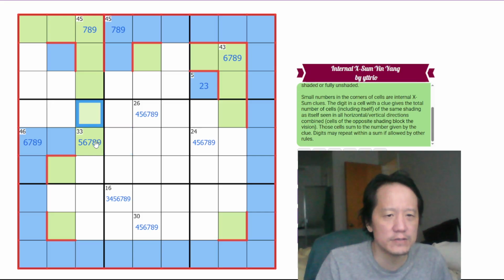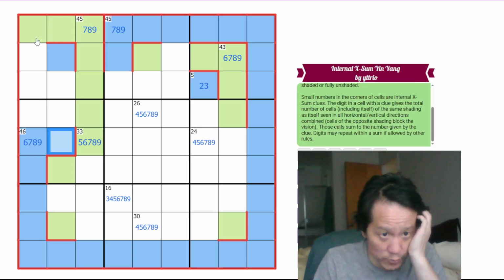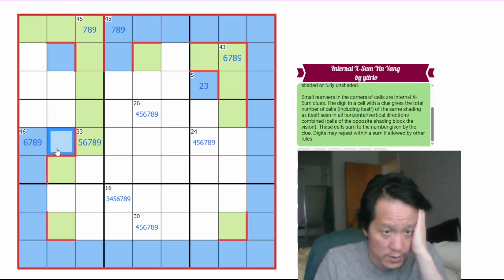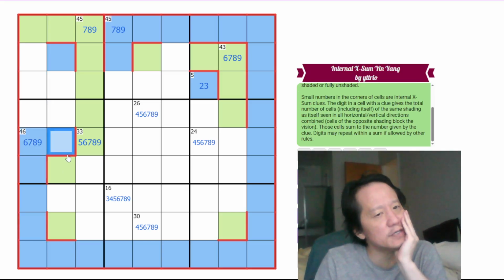That means this is a boundary. Oh, that's interesting. I think this almost certainly has to be blue. We have one digit, which can be repeated here. Say this was 9.